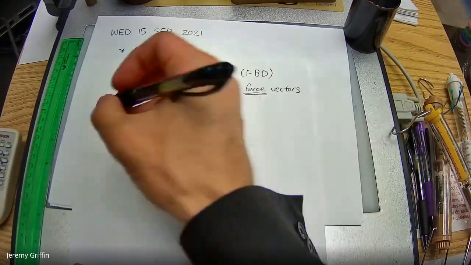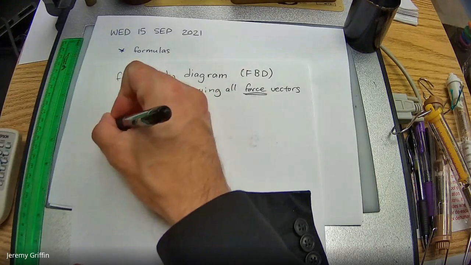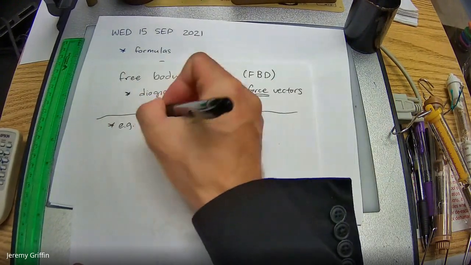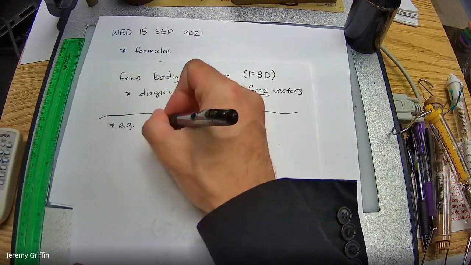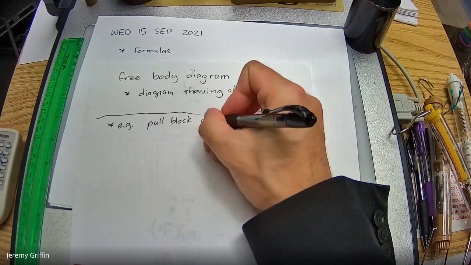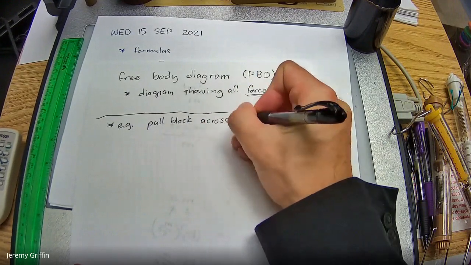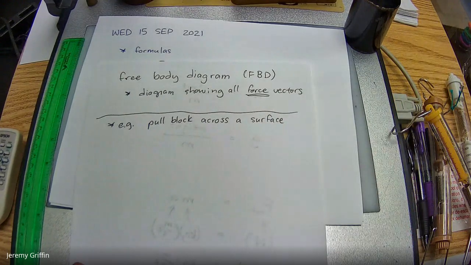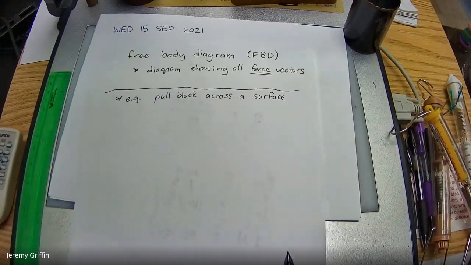Okay. So let's look at an example. Let's say you pull a block across a surface. Let's say that diagram, right? Pull a block across the surface.